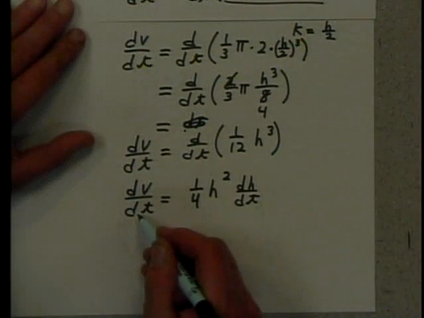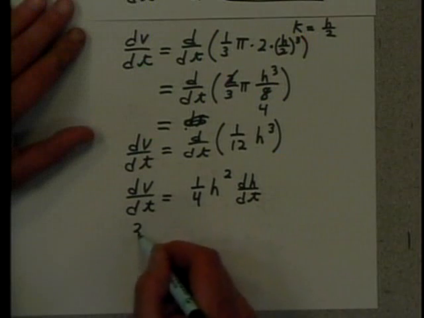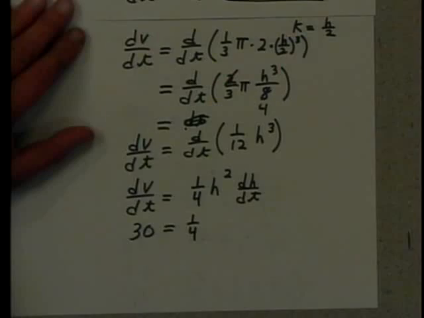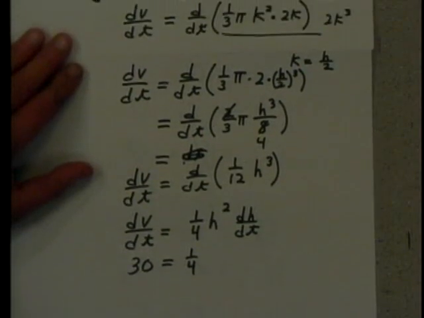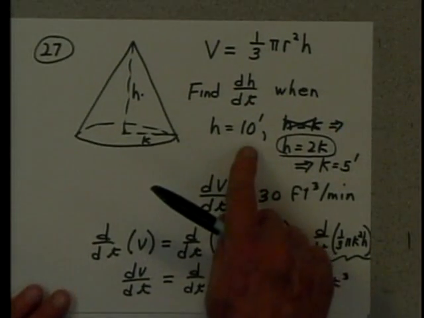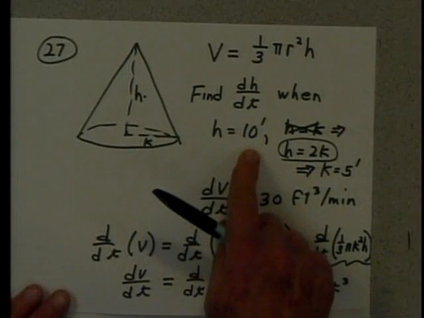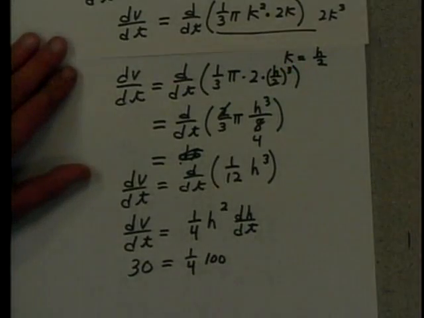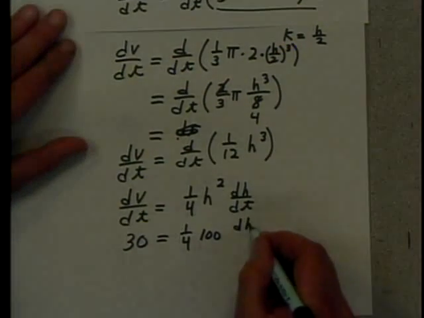Okay, over here we put in what? 30. Nobody argued with that. What do you put in for h? Well, near the top of the page, here it is. h was 10. This would be 100 dh/dt.